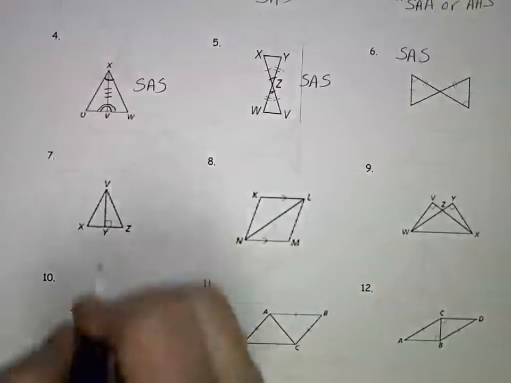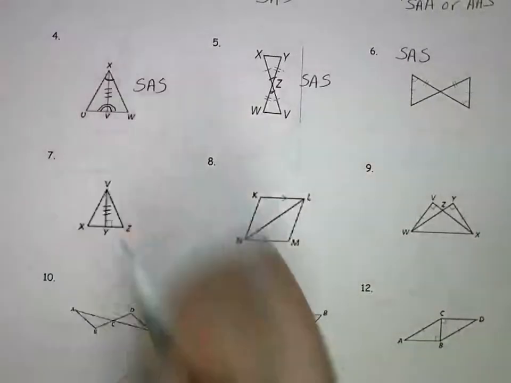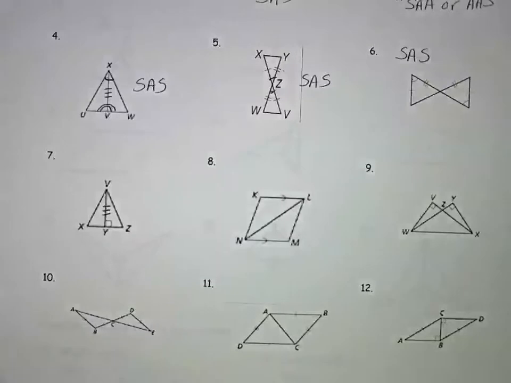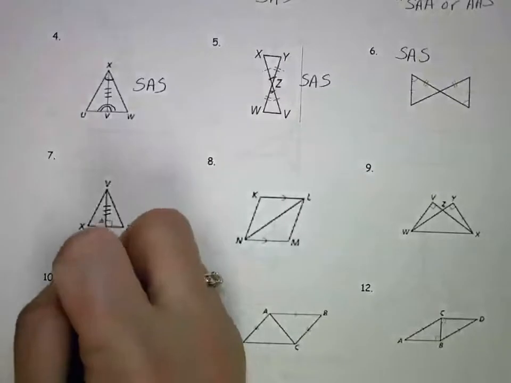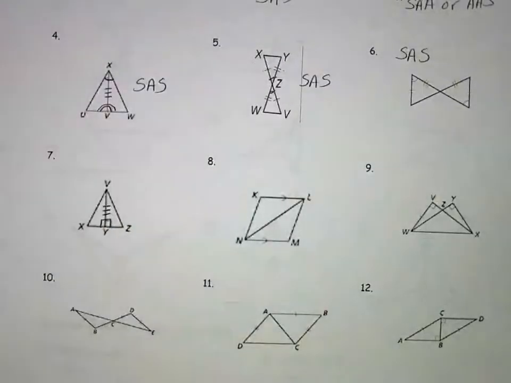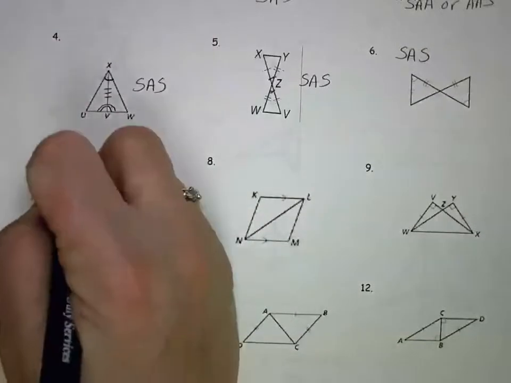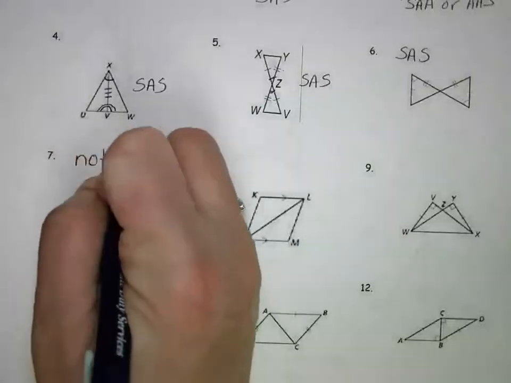Number 7, we could get these two congruent by reflexive. And we could get these two angles congruent because they're both right angles. But we really only have those two pieces of information. So those two are not congruent.